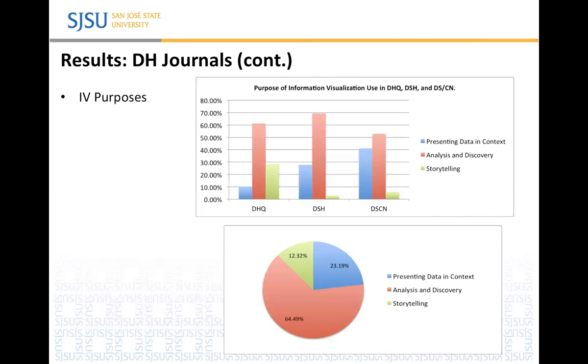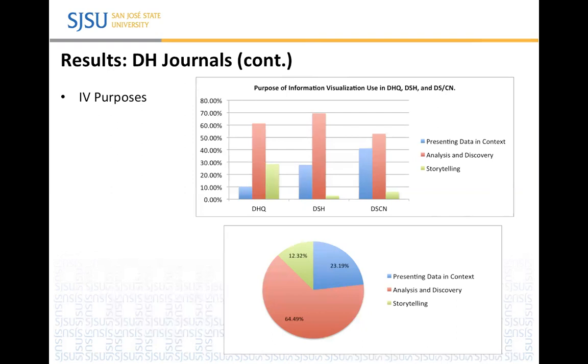The results of the second most common purpose are more mixed. So for Digital Humanities Quarterly, storytelling came next, followed by presenting data in context. And for Digital Scholarship in the Humanities, the second most common purpose was presenting data in context, with storytelling falling far behind. Digital Studies presents a similar pattern.